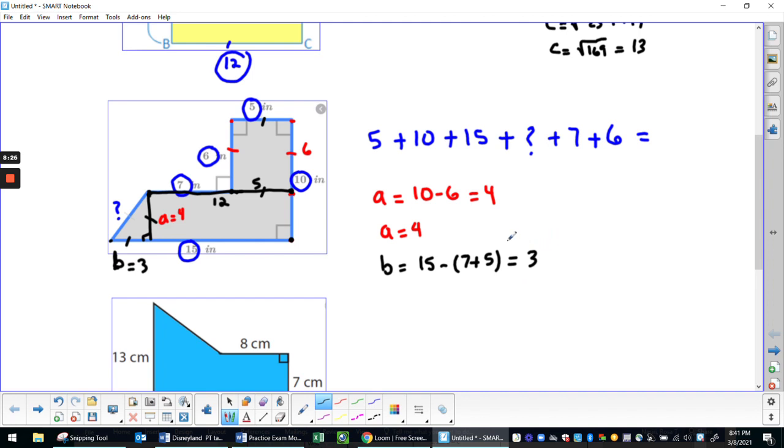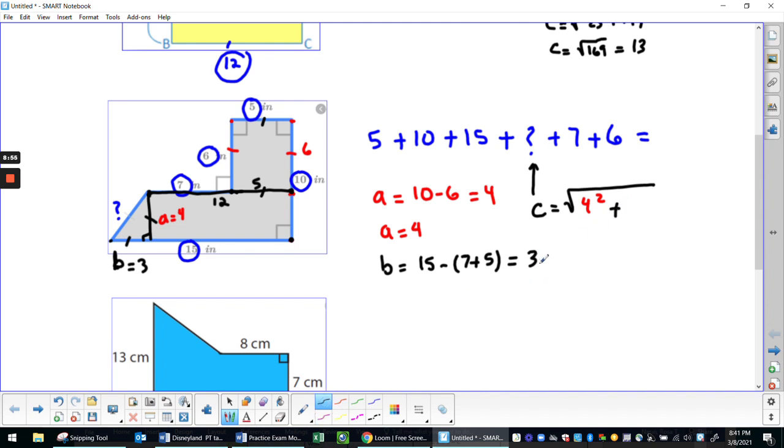So now we're going to take the 4 that we have, which is A, and the 3 that we have, which is B. We use the Pythagorean theorem to solve for our question mark side, which is C here. So C is equal to the square root of 4 squared, which is our one leg, right?